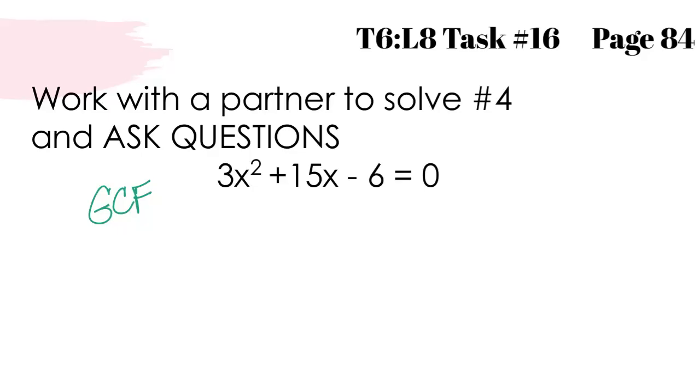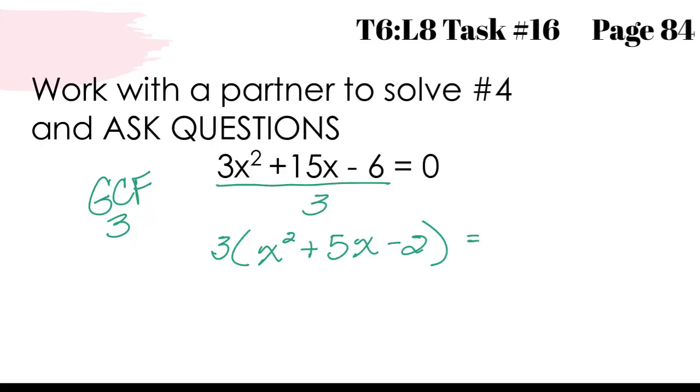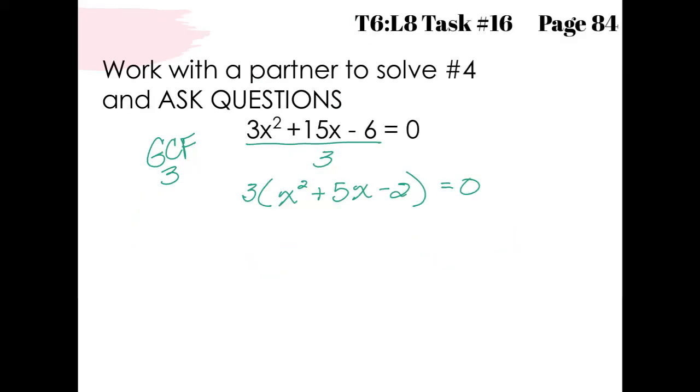What is that greatest common factor? 3. So if I divide by 3, it at least makes it a simpler equation. So the 3 comes out in front, you would get x squared plus 5x minus 2 equals 0.